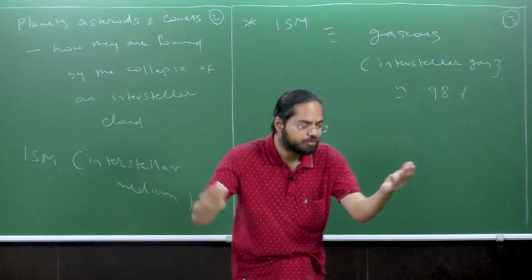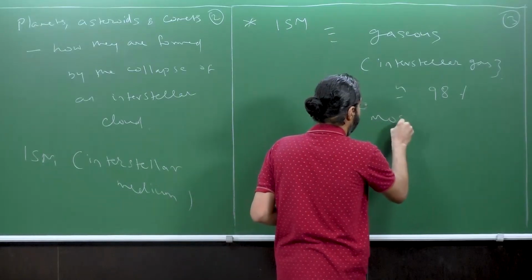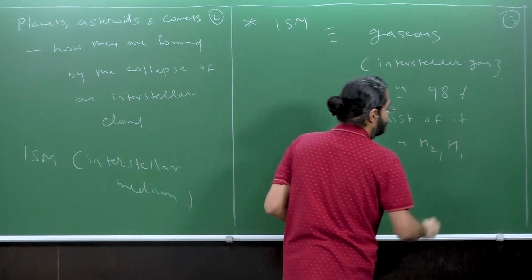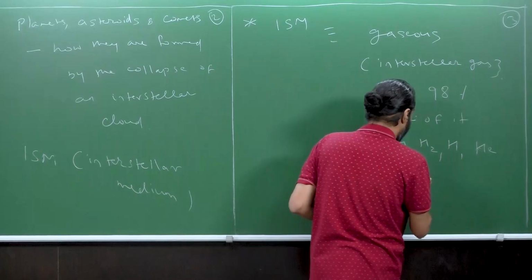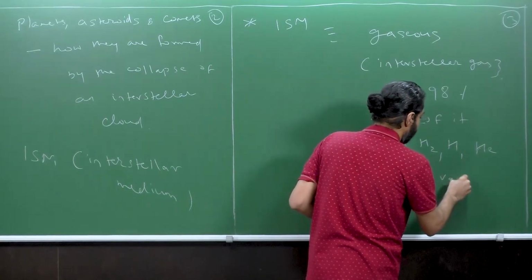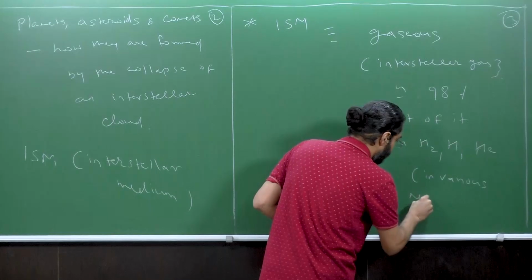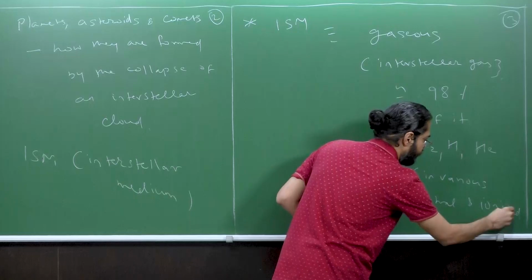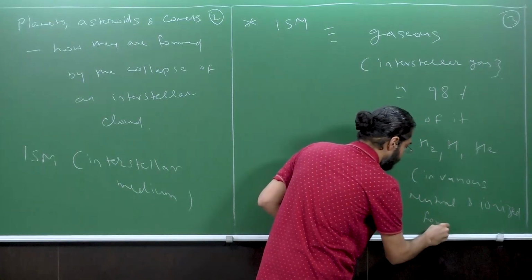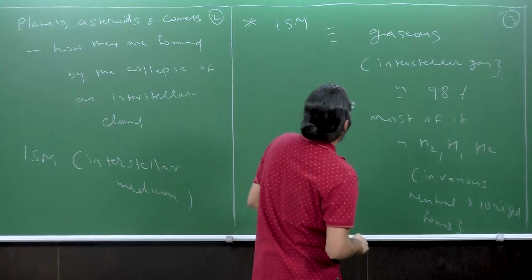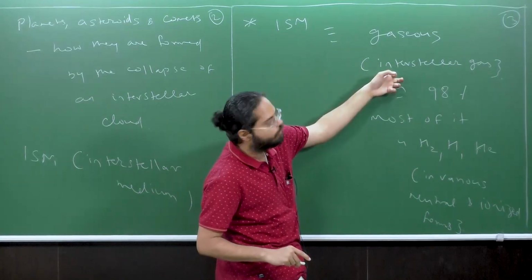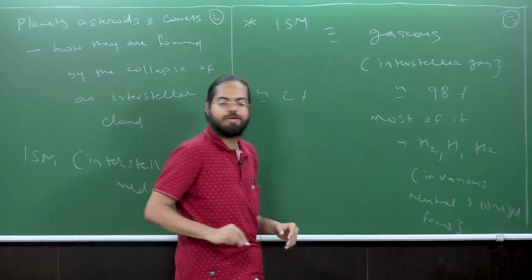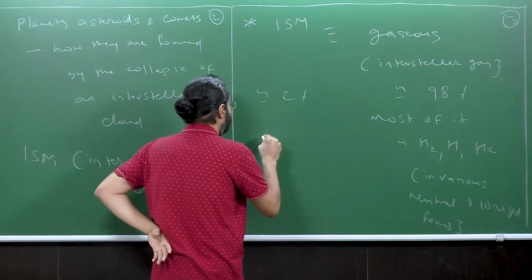Predominantly, of course, most of it is going to be hydrogen, H, helium, of course, in various neutral and ionized forms. So this is the 98% gaseous form. What is the rest 2%? And approximately 2% of it is going to be in the form of what is called dust.